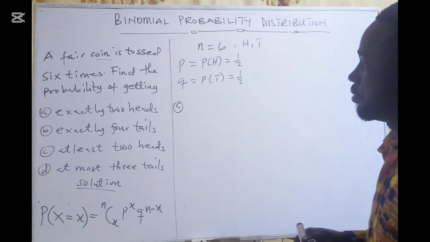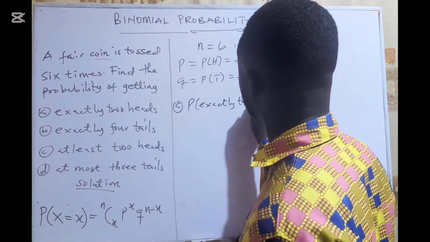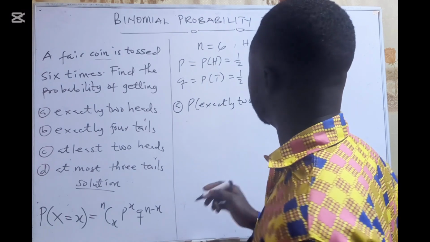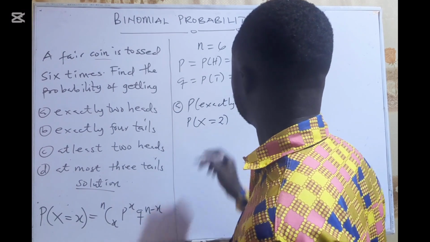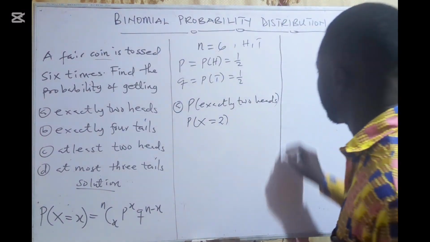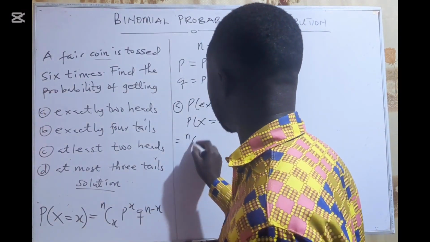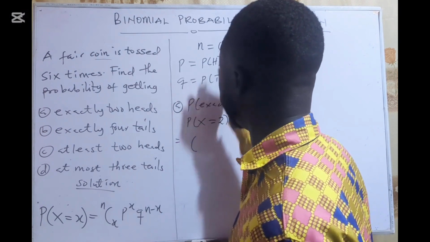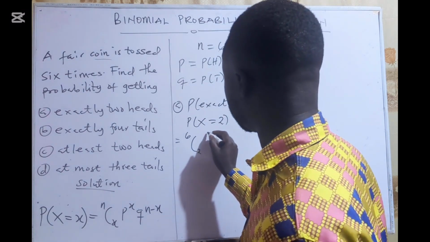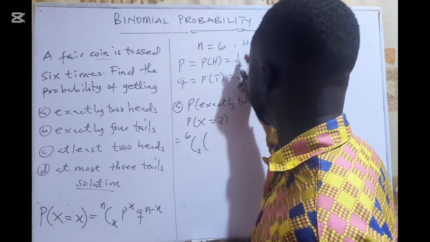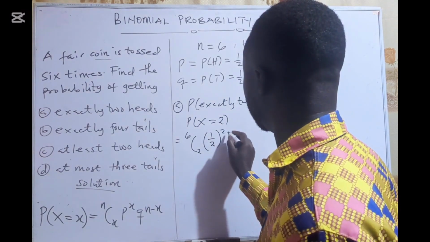All right. Then, let me come to number 1. Exactly 2 heads. If it's exactly 2, so probability of exactly 2 heads, that means that x is going to go to 2. So if it is exactly 2 heads, then that will be n combination, my n is 6, combination 2. Then I'll have my P, which is the head, so 1/2 exponent 2.